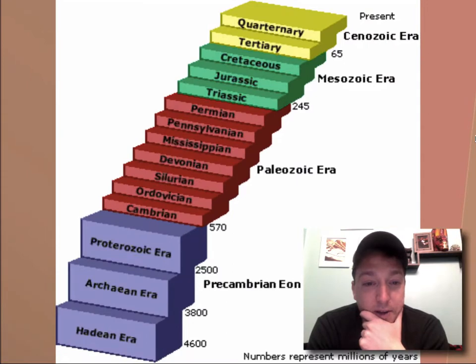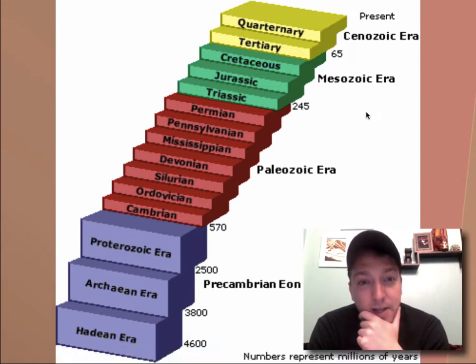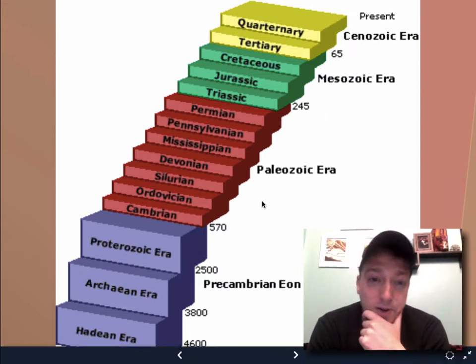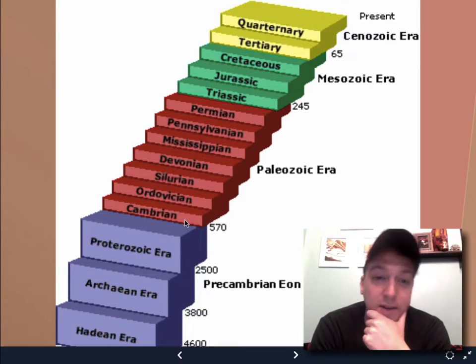So here are the main eras of Earth. Sorry about that car alarm. We recognize some of the eras from the dinosaurs, but even before the dinosaurs, there were some famous ones, like the Cambrian era had an explosion of new life.